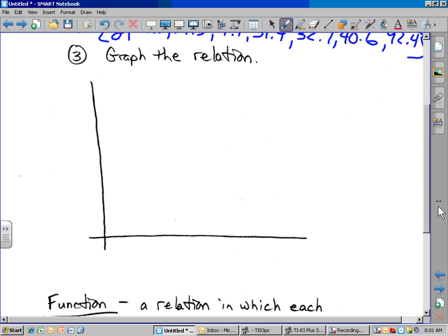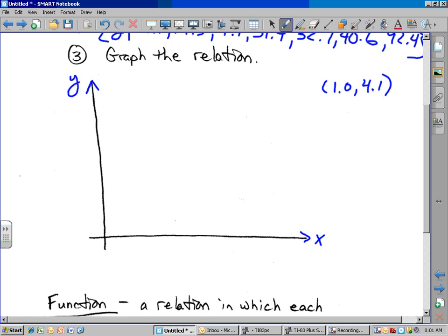How do you graph an ordered pair? For instance, I think the first ordered pair we had was 1.0, 4.1. How would I graph that? Which one's the x? I agree. This is the x-axis. So this makes this one the y.